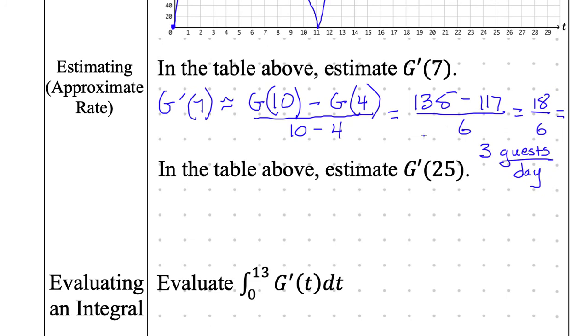In the table above, we need to now estimate g prime of 25. You guys should be able to do this now. Do it without looking up. I'm going to be writing it silently up here. What is g prime of 25 approximately?